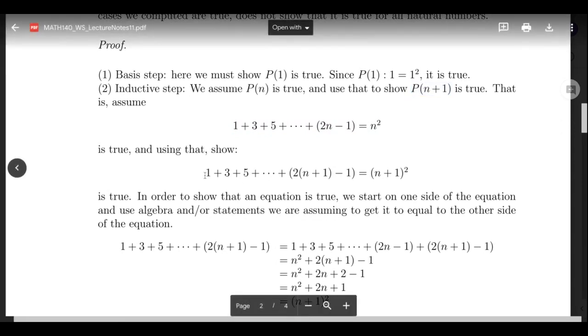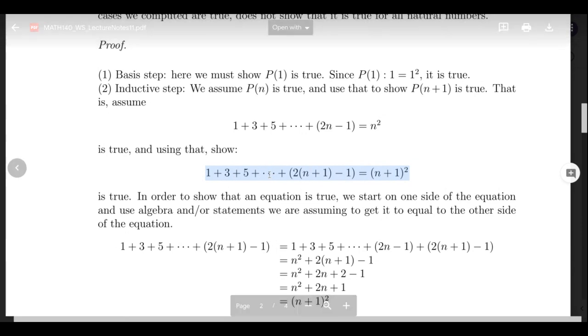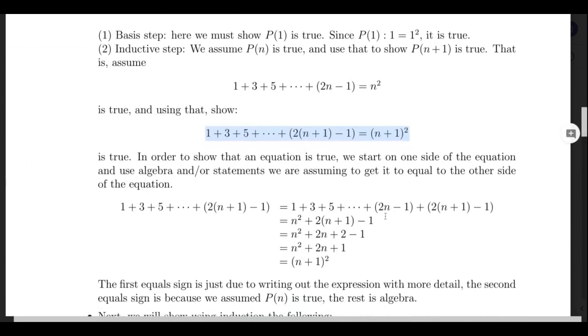So we need to prove P of n plus 1 is true. We want to show 1 plus 3 plus 5 plus up to 2n minus 1 plus 2 times (n plus 1) minus 1 equals (n plus 1) squared. So this is what we want to show. Okay, so how do we show this? Some algebra.